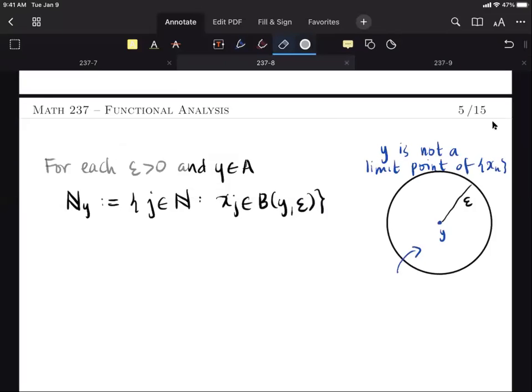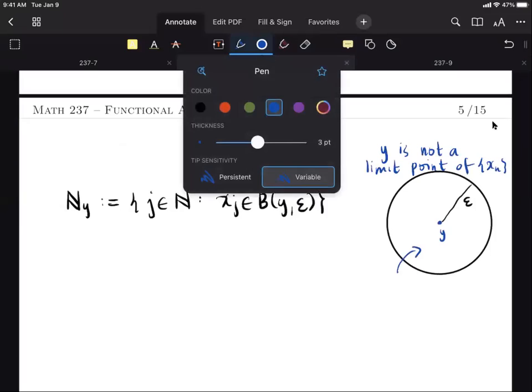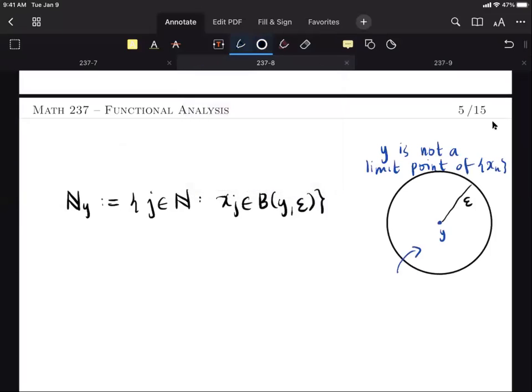So we should replace this by the following. So first pick an element y in A, then there exists, let's say, epsilon.